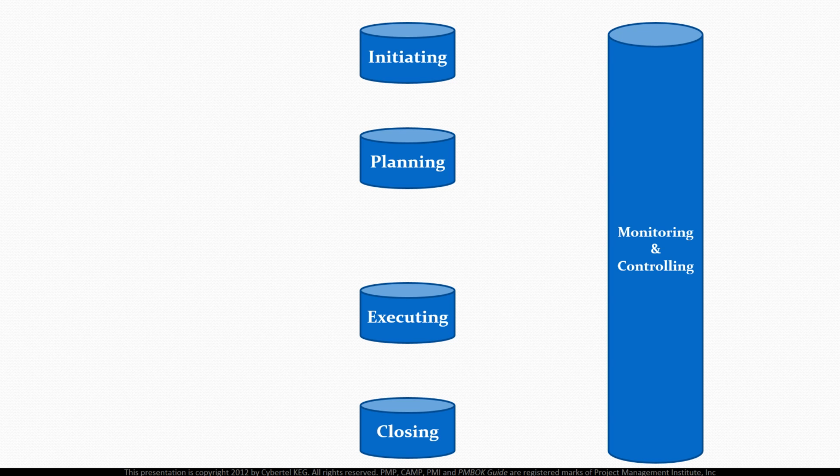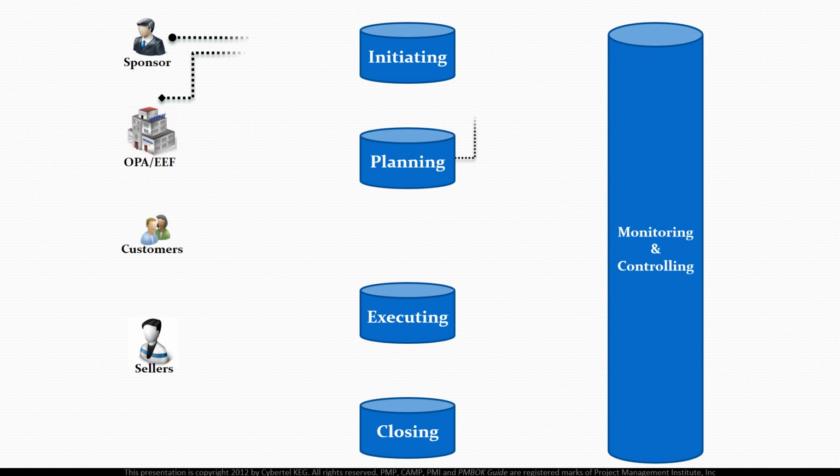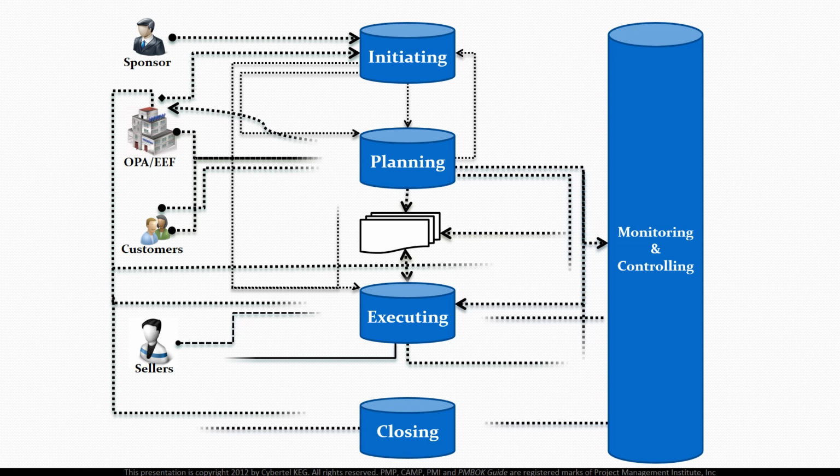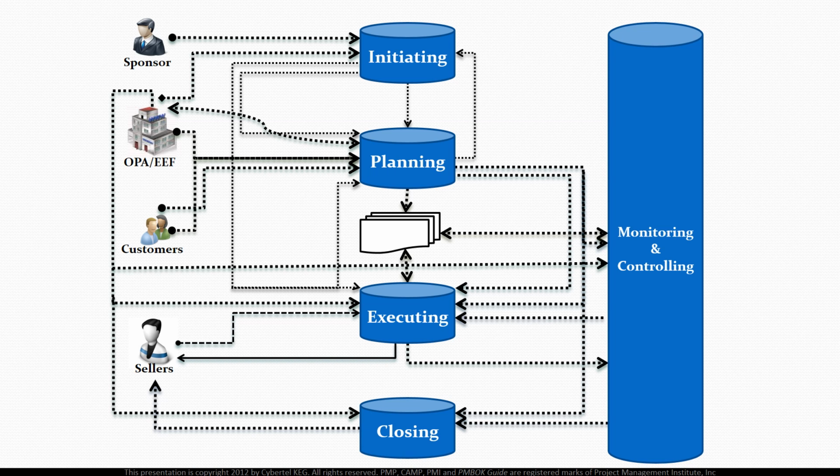Here we can see the overall basic flow and interactions between process groups and specific stakeholders. A process group includes processes that have inputs and outputs, where the outcome of one process becomes the input to another. The process groups are not project phases, but a project phase includes the 5 process groups.